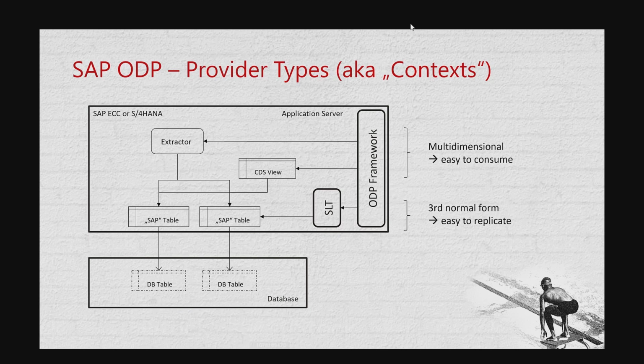Before we move on to the demo part of this session, I want to spend a few words on the different provider types which are exposed by ODP. Remember on the previous slides, we always had this list of provider types like ECC extractors, CDS views, tables via SLT, BW objects.